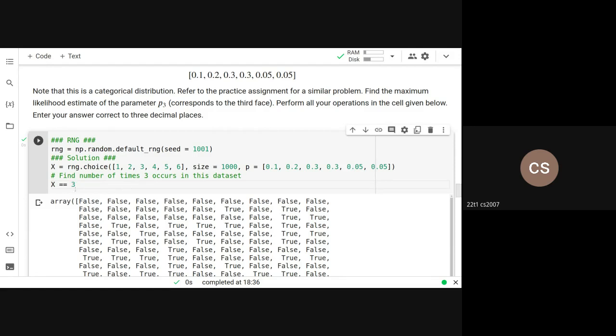Once I have an array like this, how can I find the number of times 3 has occurred? Any answers?